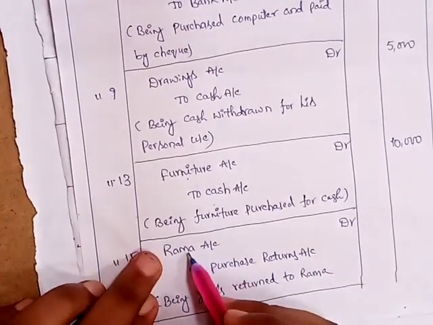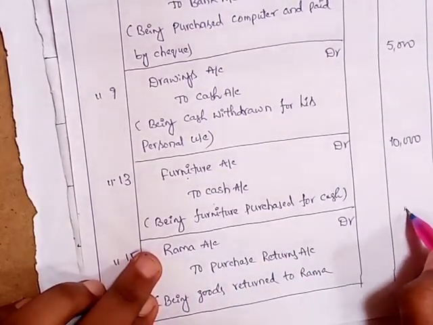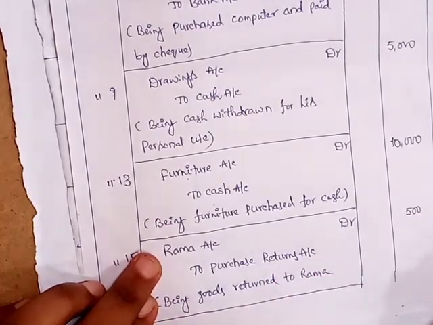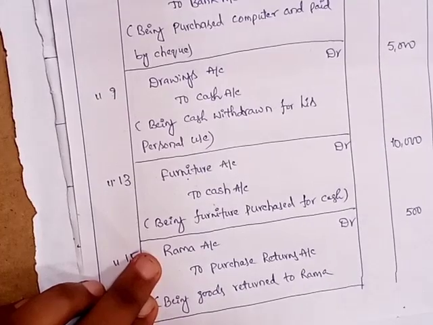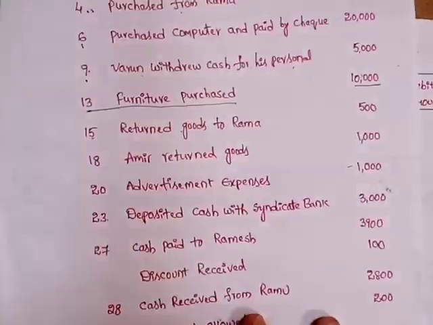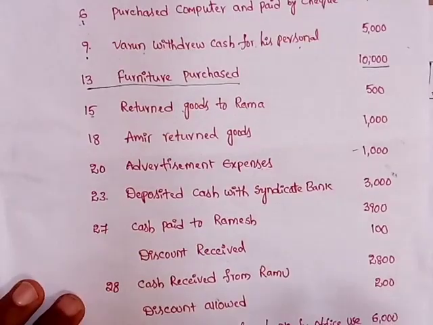So against the debit line in debit column 500, against the credit line in credit column 500. Next transaction.